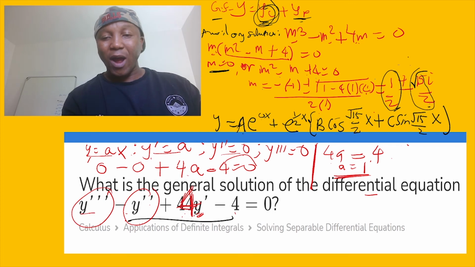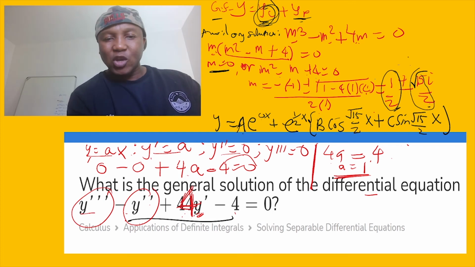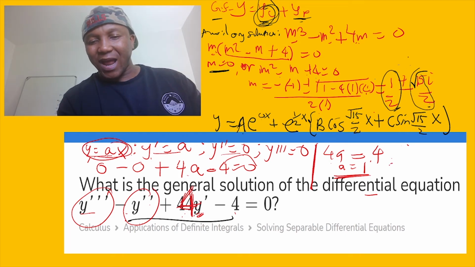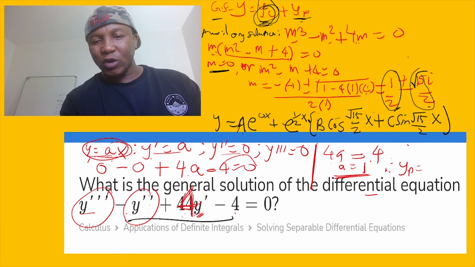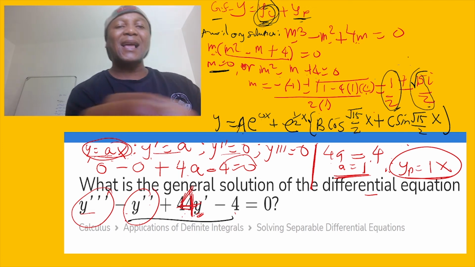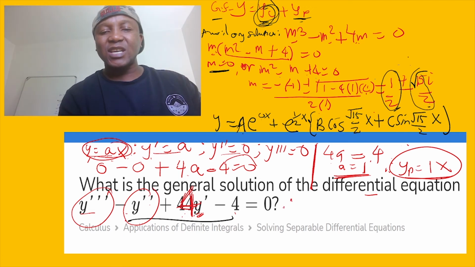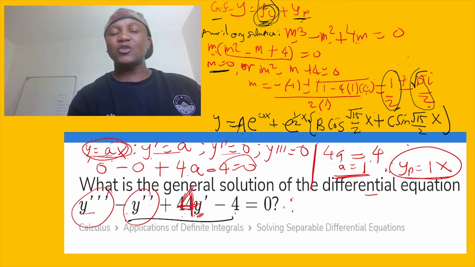Since a equal to 1, we put it in here. So my particular solution equal to ax. What is my a? a equal to 1, so 1x. For that case, I can get my final general solution.